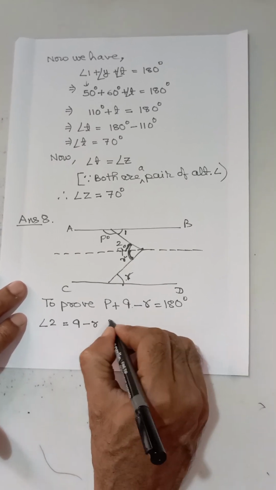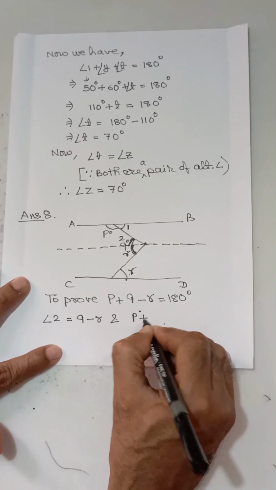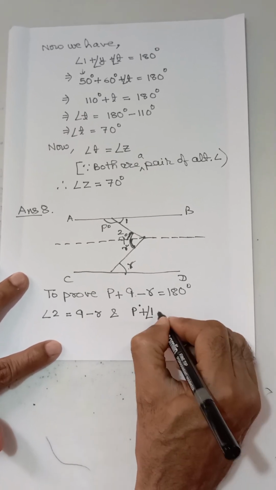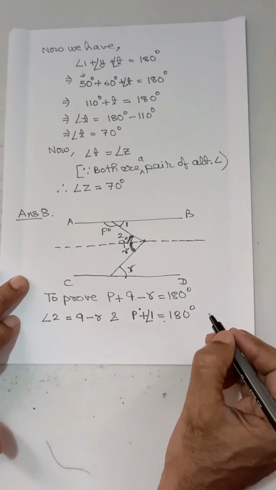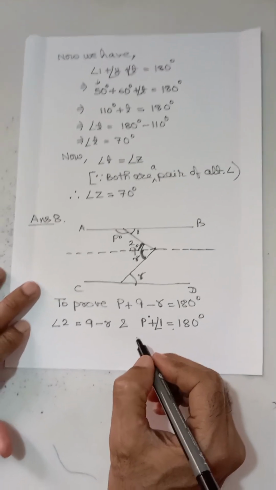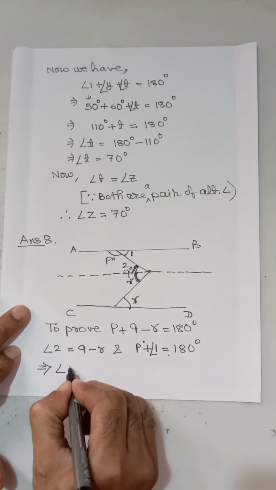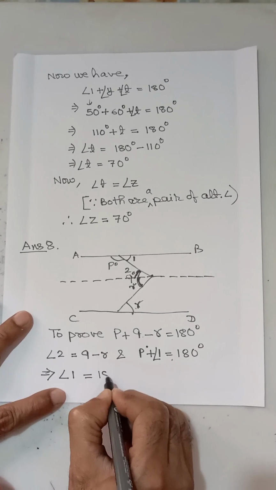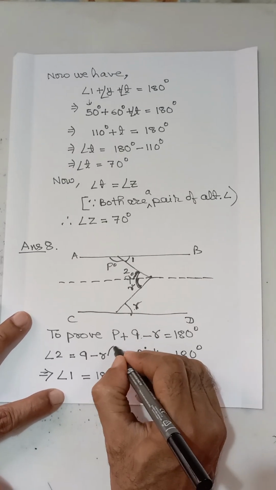and angle P plus angle 1 is equal to 180 degree. So this implies angle 1 is equal to 180 degree minus P. Hence we have two equations.